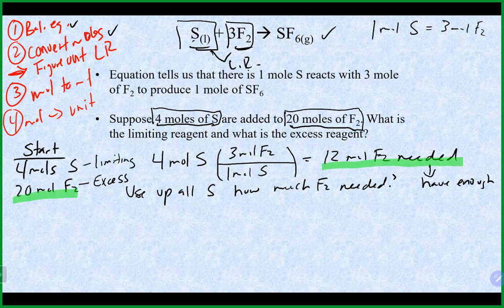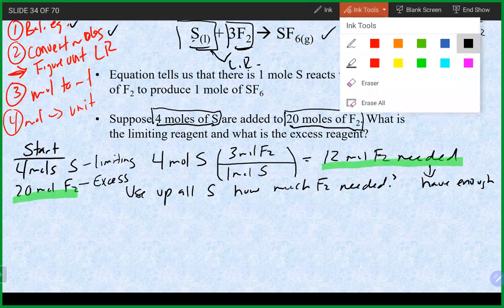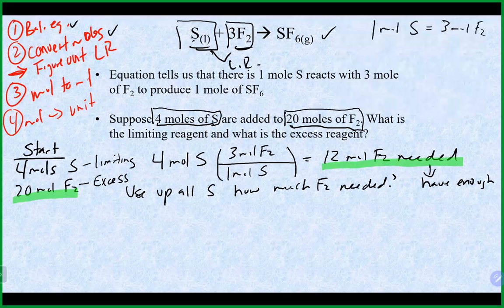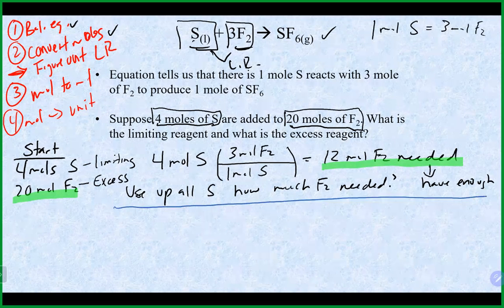Question on that there. Now, just to show you that it really does not matter which one you pick, if I did the opposite calculation, where I want to use up all the F2, how much S is needed?